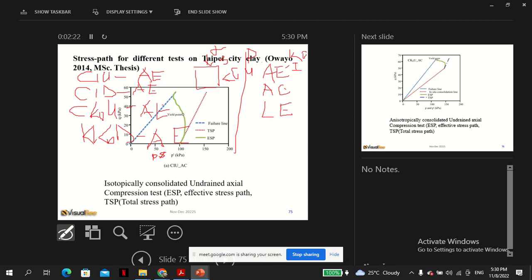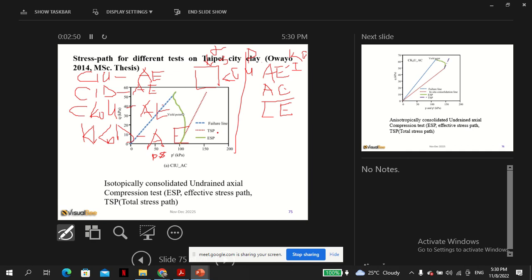K naught consolidation means during the consolidation, sigma 1 and sigma 3 are not the same. U means that when you're doing the test, you have closed the valve. So for AE we have 4 tests, for AC we have another 4 tests, and for lateral extension another 4 tests. All this gives you a total of 12 tests.